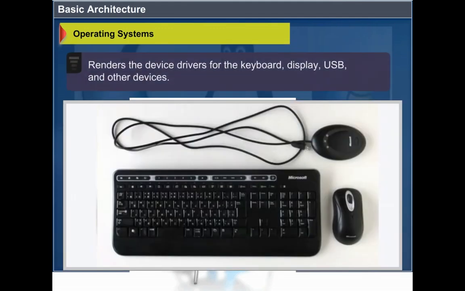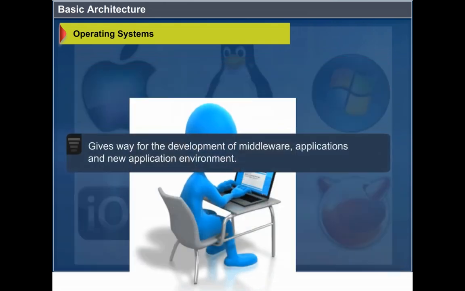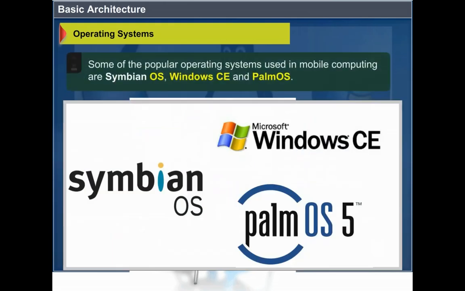Provides the device drivers for the keyboard, display, USB, and other devices. Also provides middleware applications and new application development environment. Some of the popular operating systems used in mobile computing are Symbian OS, Windows CE, Palm OS.